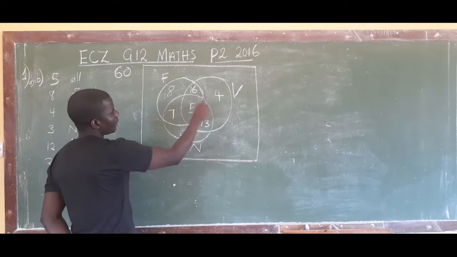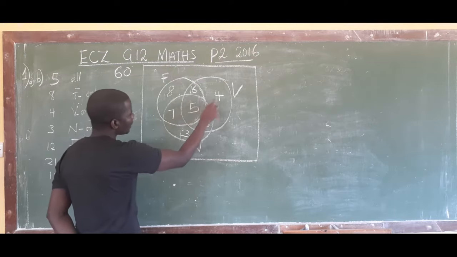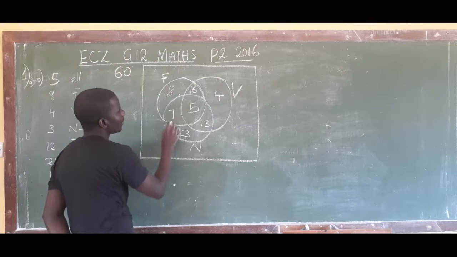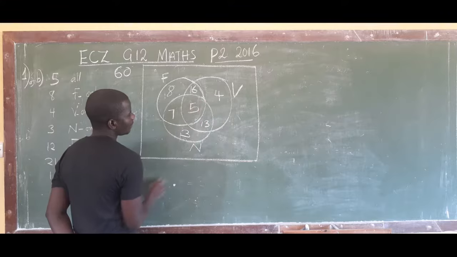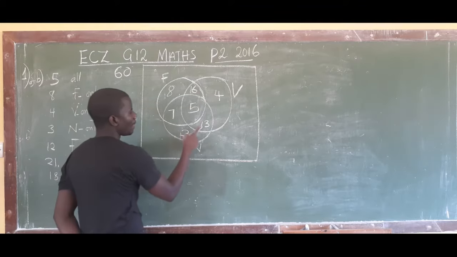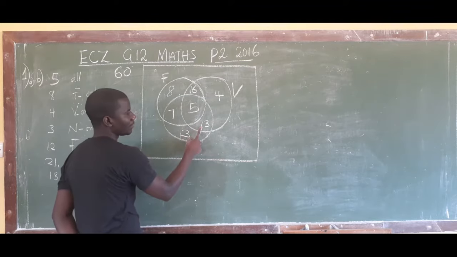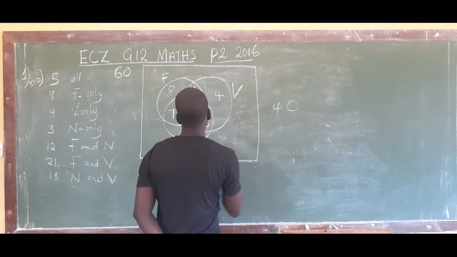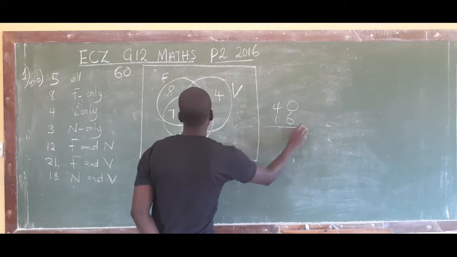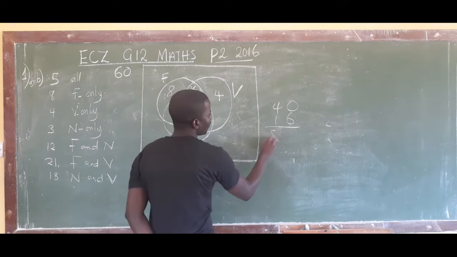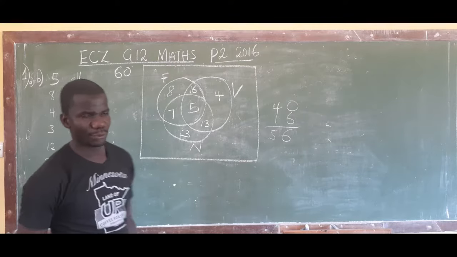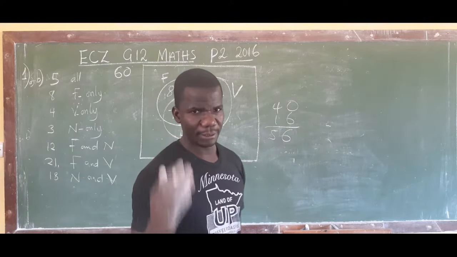Also these ones here give us 20. So we have 20, 20, that is 40. 40 plus 16 here, what are we getting? 56, which is below 60.